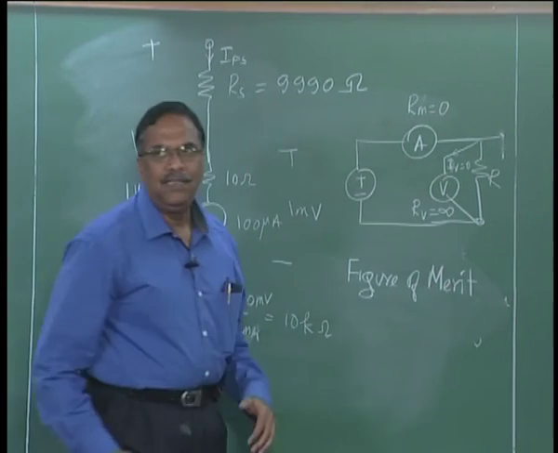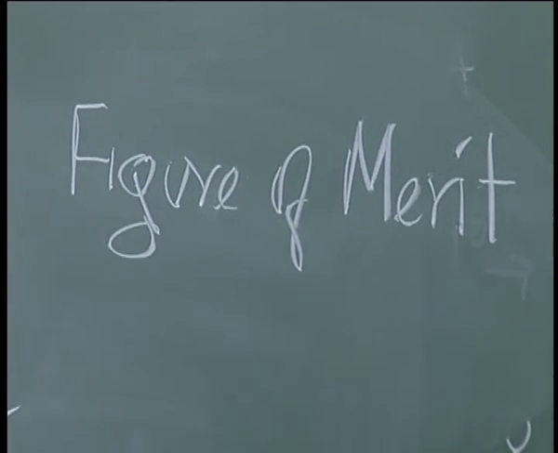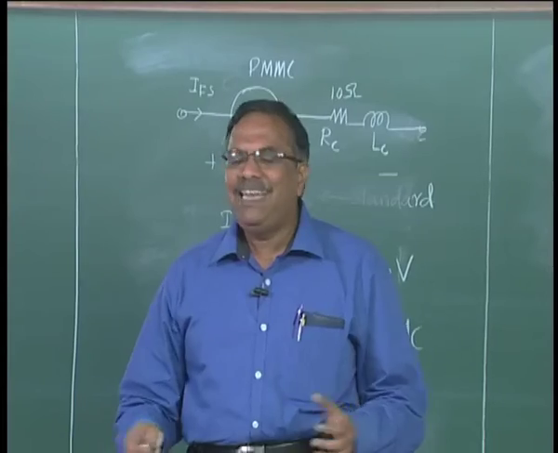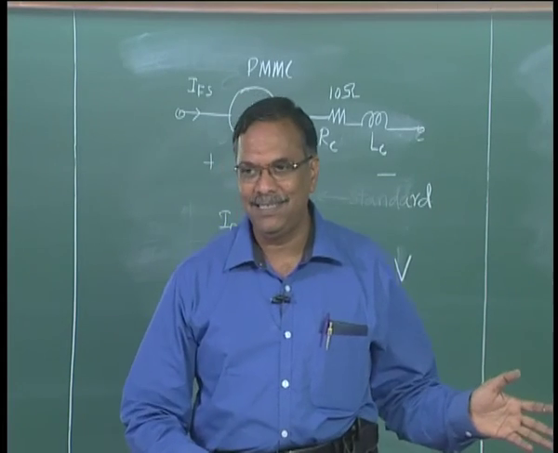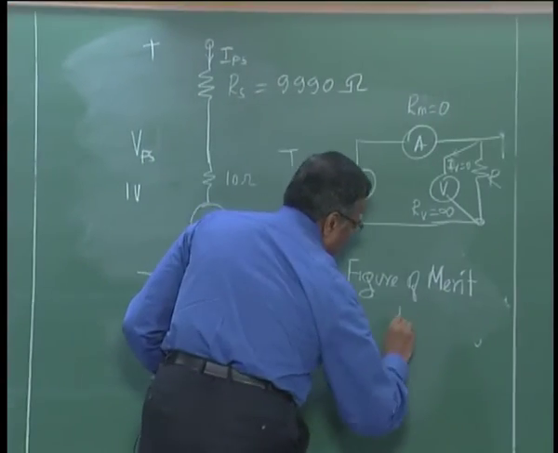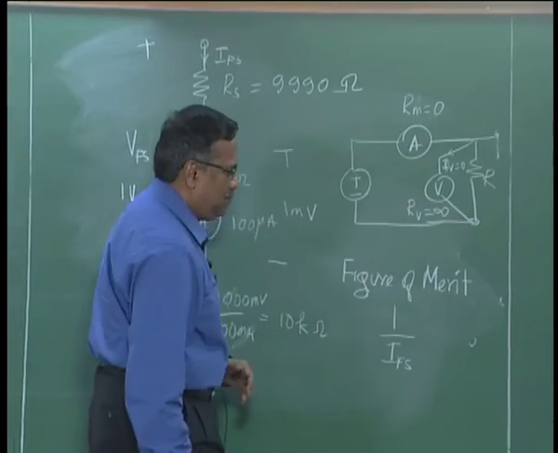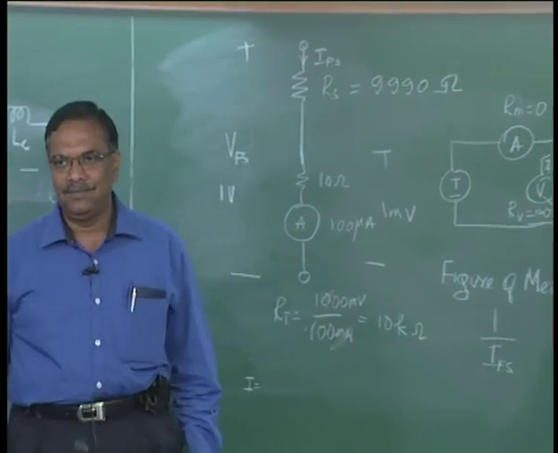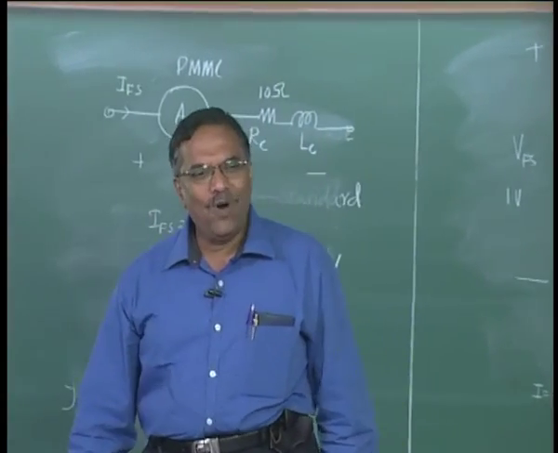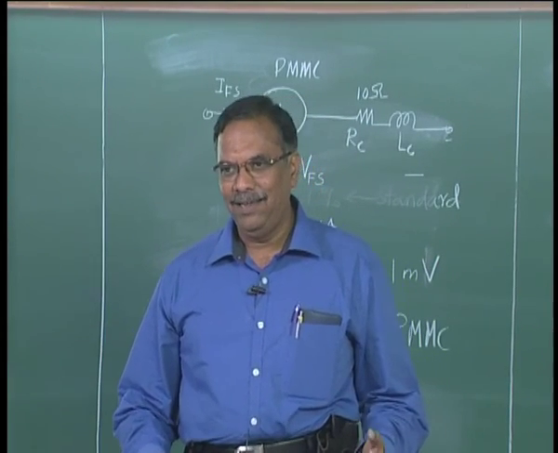The figure of merit for an ammeter or a voltmeter, it is independent of what type of meter it is, right, is given in terms of 1 by I full scale current, right. Okay. So, it is 1 by I full scale.